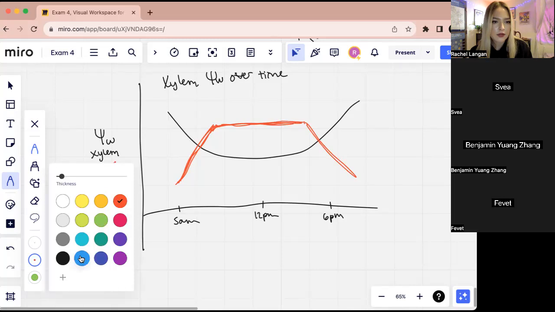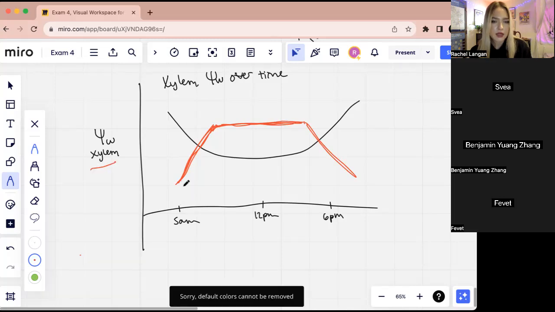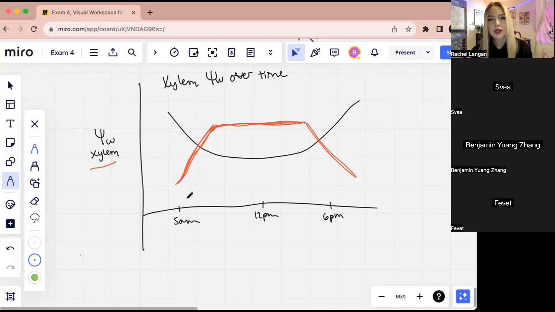And the other flux is the root water uptake. And for this one, I think it's helpful to think of the root uptake into the apoplast, because the root apoplast is continuous with the xylem, right?